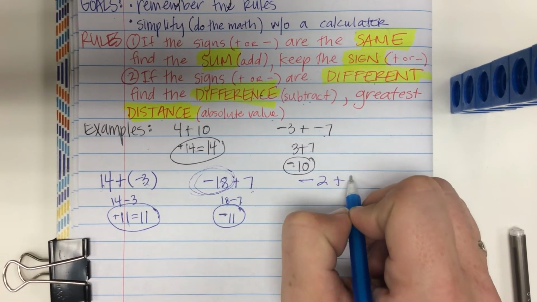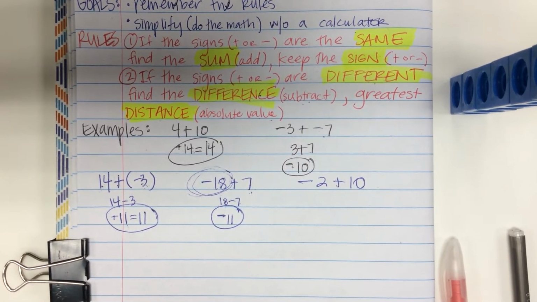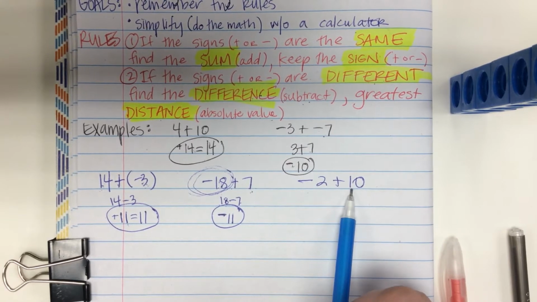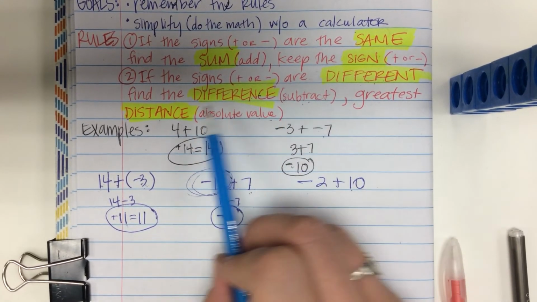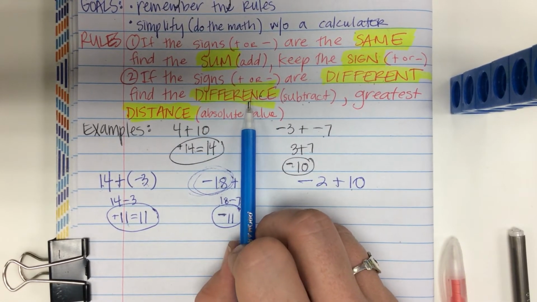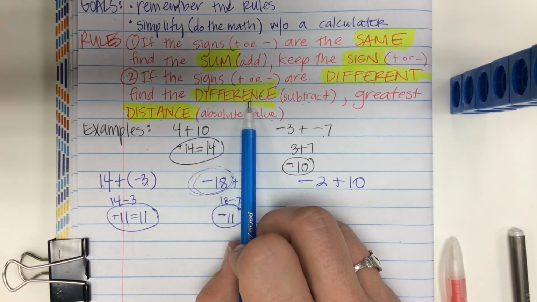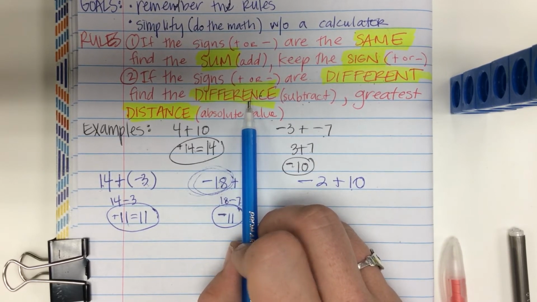Negative 2 plus 10. They're different. The first one's negative, the second one's positive. If they're different, find the difference. How do you subtract that? What goes first? How'd you learn in elementary school? What number always goes first? The bigger number.